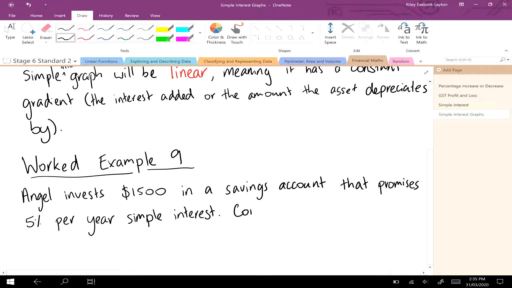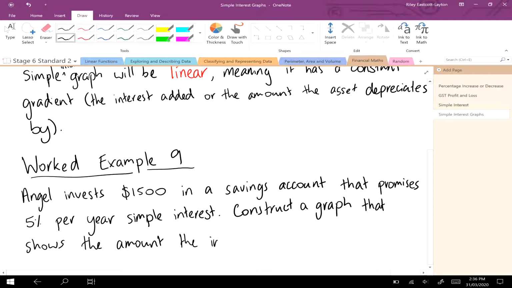And we need to construct a graph that shows the amount the investment is worth over 5 years.